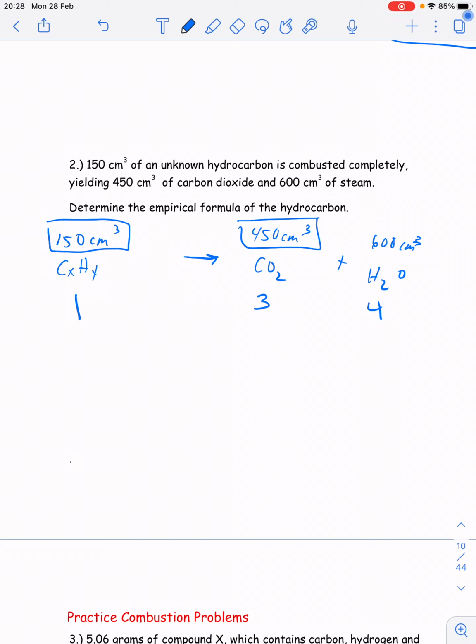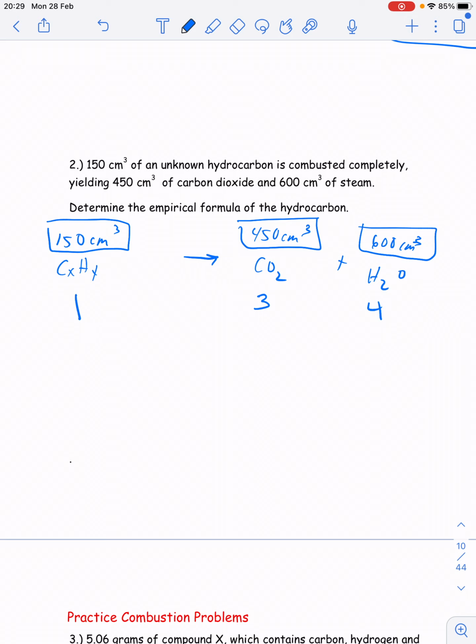And so the thing to remember is that chemical equations follow ratios. And so just because in this example they used 150 cm cubed and 450 cm cubed, I can pull from that the ratio that it's 1 is making 3. For every 1 hydrocarbon, I'm making 3 CO2s. For every 1 hydrocarbon, I'm making 4 H2Os, because 150 to 600 is a 1 to 4 ratio.